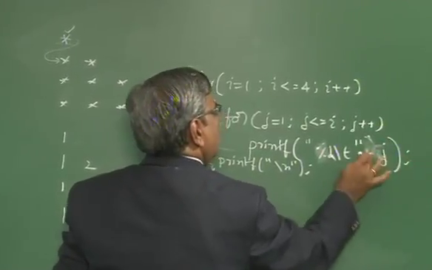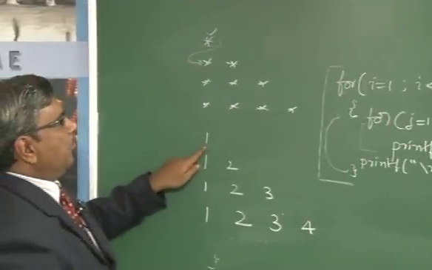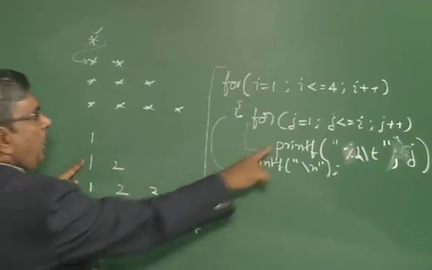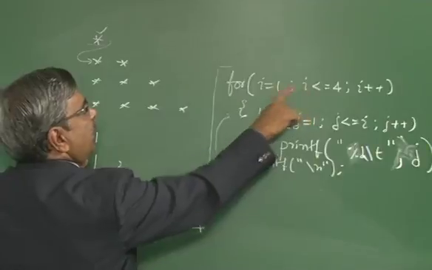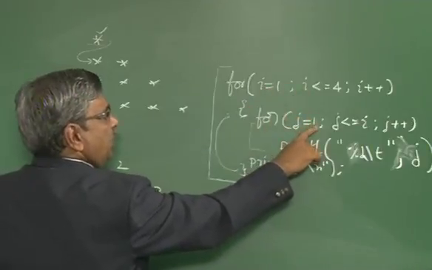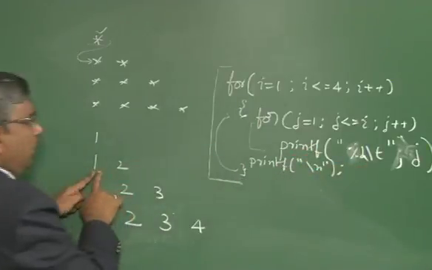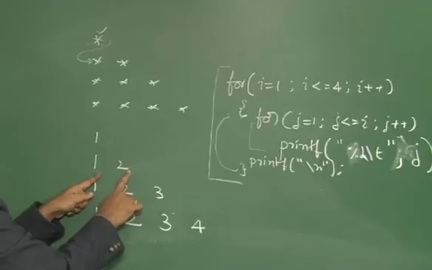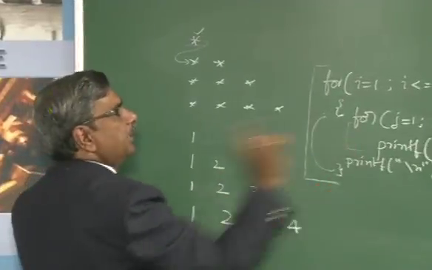Initially the j value will be 1, because j is initialized to 1, so 1 will be printed. After the first iteration, the control goes back, i becomes 2, and j runs from 1 to 2. That is why first j will be printed as 1, then \t takes a tab gap, and then 2 is printed. Next 1 2 3, then 1 2 3 4, like that it will print.